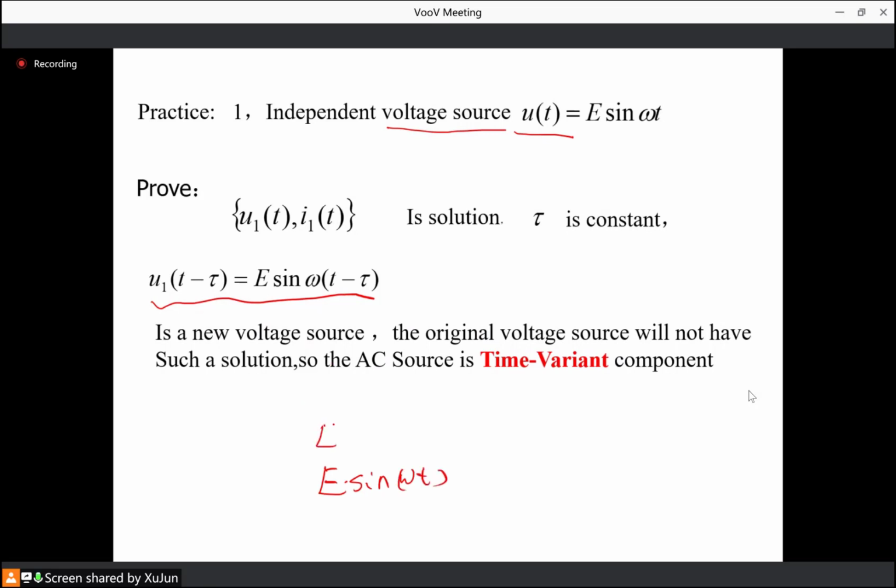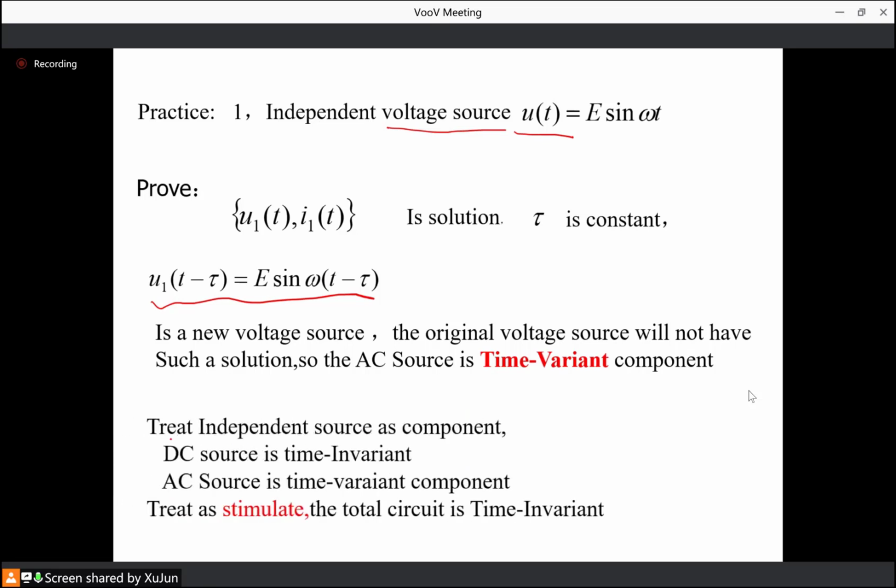The new source is E sin omega (t minus tau). So they are not the same. So the AC source is a time-varying component. If we treat the independent source as a component, the DC source is time invariant, but the AC source is time varying.